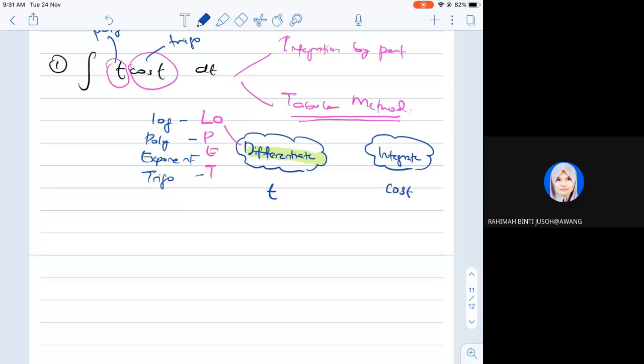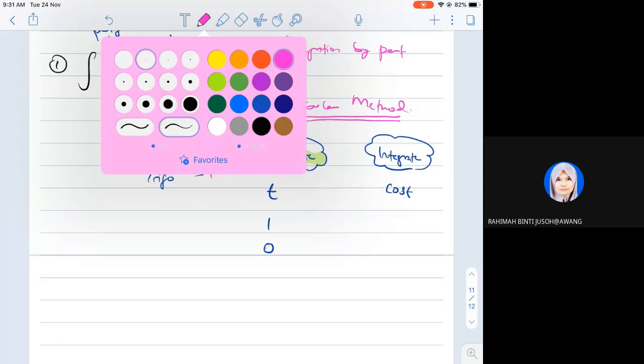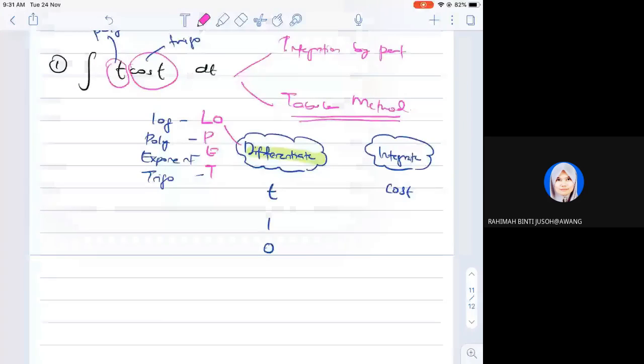Now, in the tabular method, we have to differentiate this t until we get 0. Differentiate t, we get 1; differentiate 1, we get 0. Then don't forget to put plus, minus, plus alternately. If you have t to the power of 2, the rows would be longer, until you get 0.